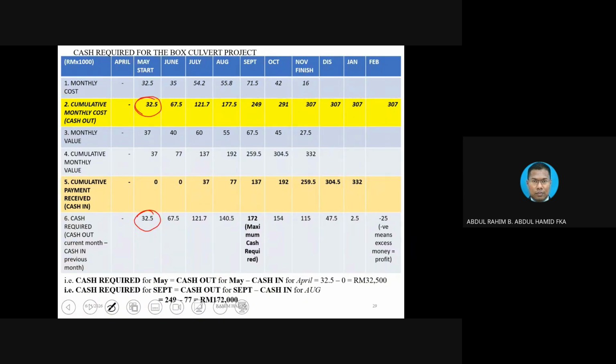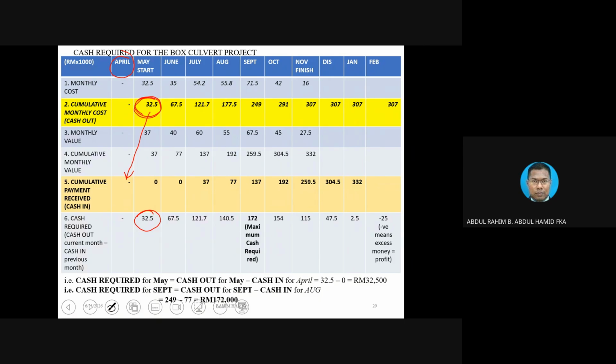Focus on row numbers 2 and 5. 32.5, we are going to deduct from here, the previous month. That's why I put April. In April, the project does not start yet; the starting of the project is May. But I just simply put the previous month so that you understand. 32.5 is going to be deducted from the previous month.